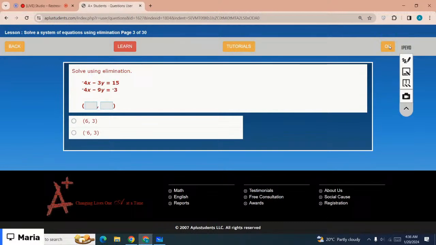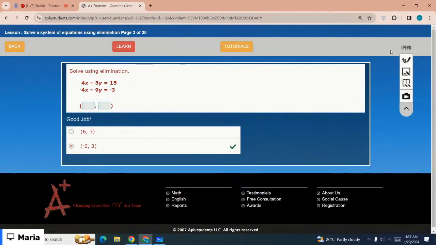Which is the correct option? That is negative 6 and 3. Option number 2 is the correct option.